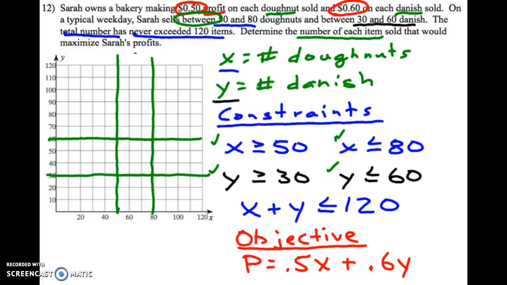Now for the interesting equation, X plus Y is less than or equal to 120. We can do the intercept method. If we temporarily ignore the Y, we know X is going to be 120, so on the X-axis we put a dot on the 120. If we temporarily ignore the X, we know Y is going to equal 120, so on the Y-axis we'll put 120 there.